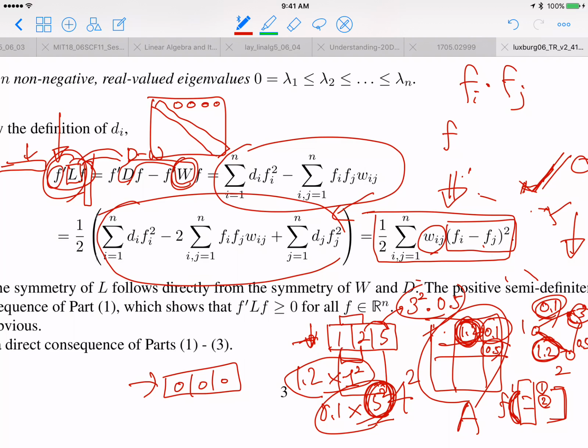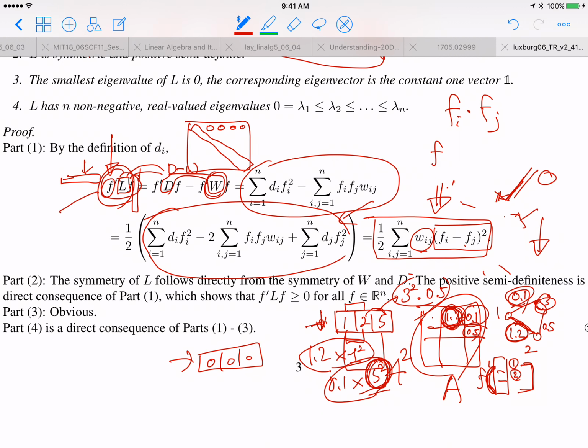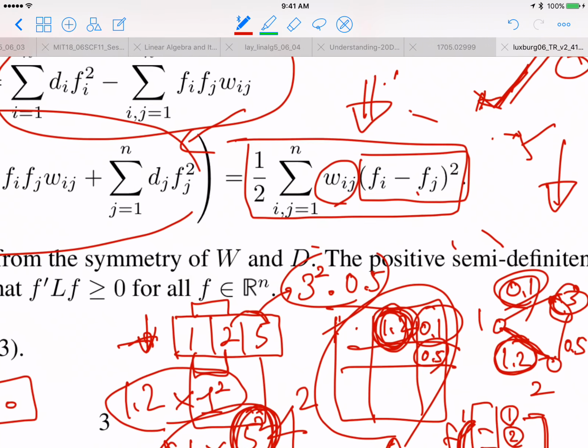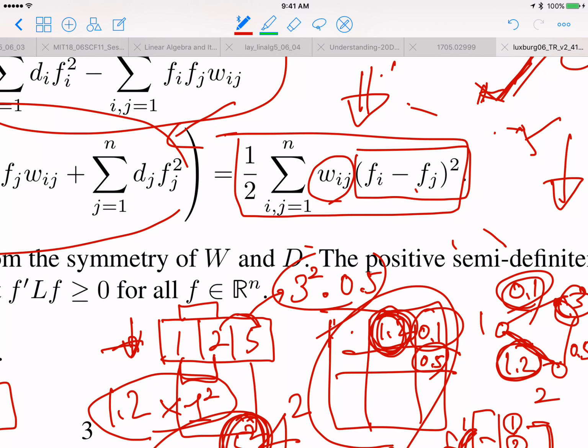So in general, our problem here is to minimize this. Intuitively, if this weight is large, then we have to make the difference between these two elements small.